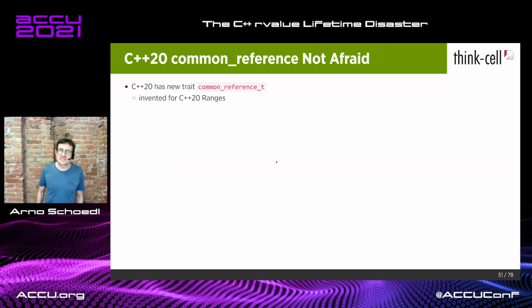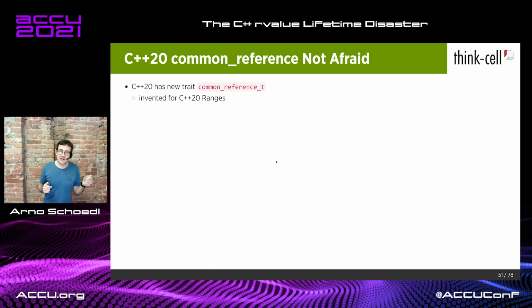Now, C++20 has something similar. It's not the ternary operator, but it has a common reference trait, which is actually used if you have ranges in C++20. Then you can combine these ranges. For example, you can concatenate them. And that resulting range has to have a reference type. So you have essentially two kinds of iterators.